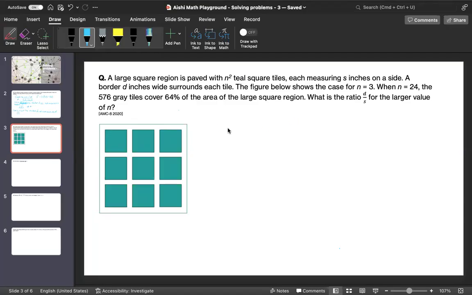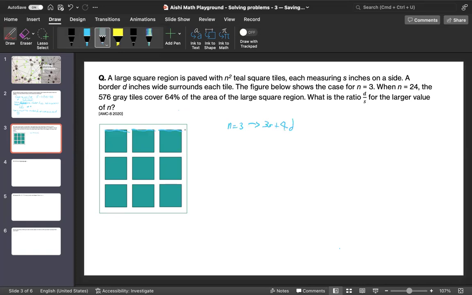So when n is equal to 3, the length of one side is equal to 3s plus 4d, because here we have 1, 2, 3s, and I'm going to change color for the 4d.